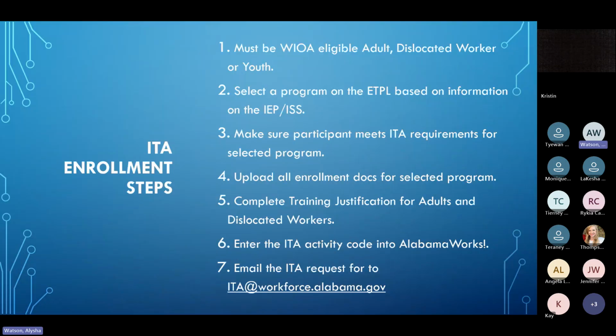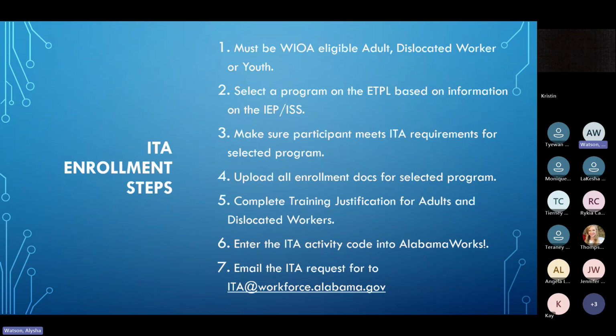All right. So first we have the ITA enrollment steps. First, the individuals must be WIOA eligible as an adult, dislocated worker, or youth. Two, they select a program based on interest off of the ETPL, the eligible training providers list.